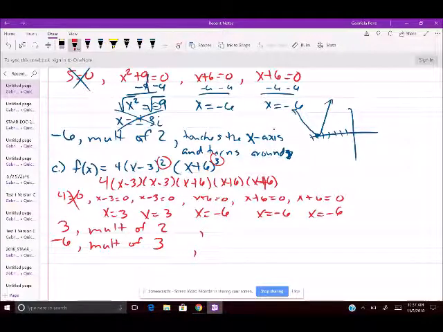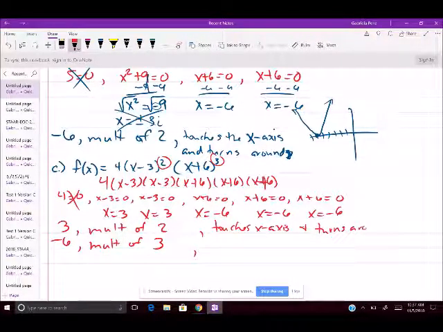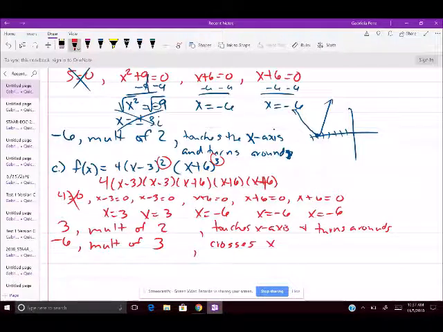So 2 is even. Even means it what? Touches the x-axis and turns around. And odd means it crosses the x-axis. So once again, this is for problems 5 and 6.